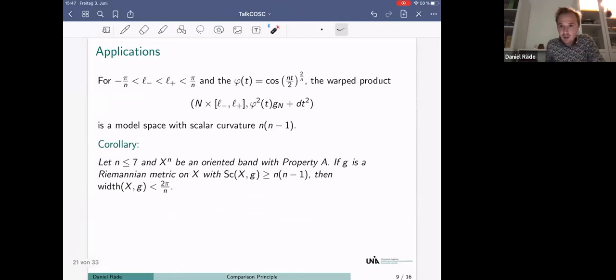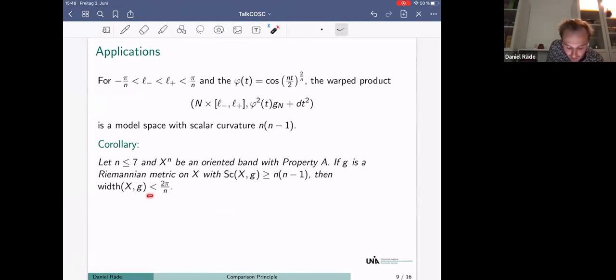And then the corollary is just the bandwidth estimate. Okay, so you have an X-oriented band with property A, and then if g is a Riemannian metric on X with scalar curvature bigger or equal than n minus 1, then we can find the model space by choosing L minus and L plus appropriately. And then the observation is that the width is less or equal than L plus minus L minus.